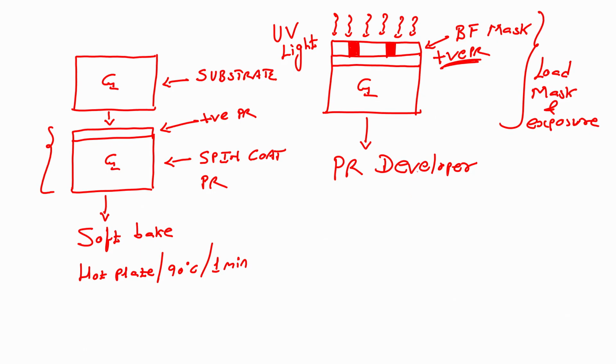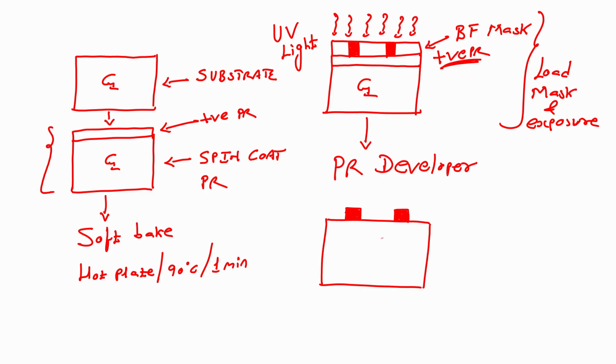Now, what kind of photoresist have we used? Positive photoresist. What is the mask that we have used? Bright field mask. So, the unexposed region will be stronger. When I develop my wafer in a positive photoresist developer with a bright field mask, I will have my photoresist protected in the area which was not exposed to the UV light.